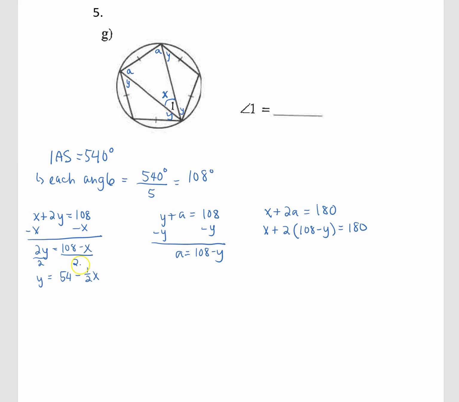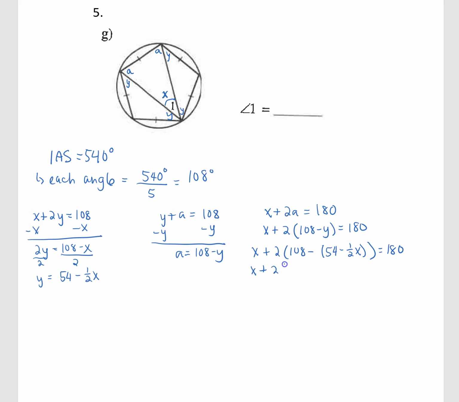Then I'm going to plug in this expression for y here, so 108 minus (54 minus 1/2 x). Now I have one equation with only x as my variable, and that's what I'm trying to find. So now we can solve for x.